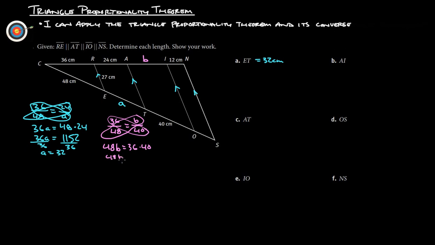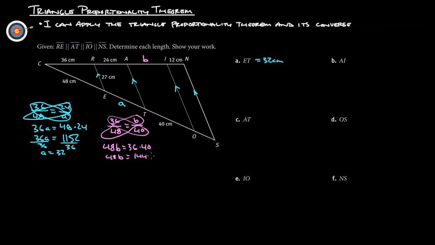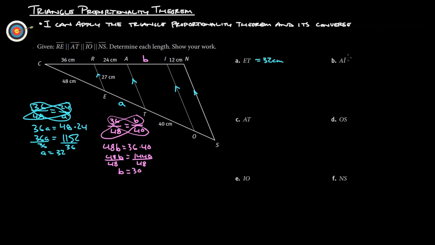Let's see, 36 times 40 gives us 1440. Divide both sides by 48, and we're going to find what B is. And we get B is 30. So AI equals 30 centimeters.